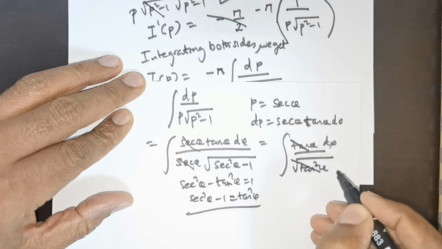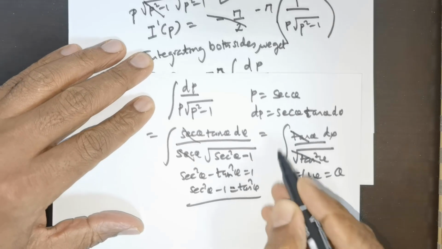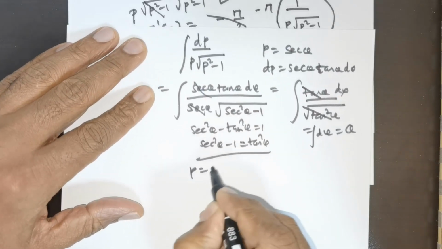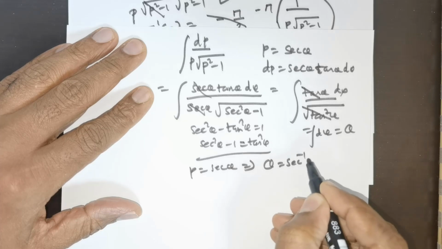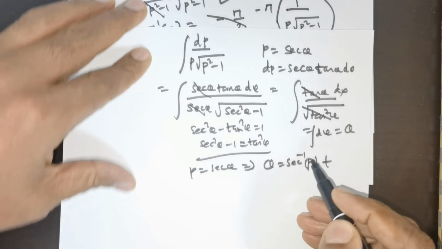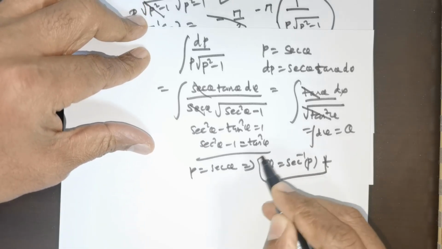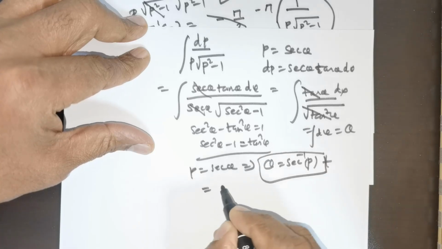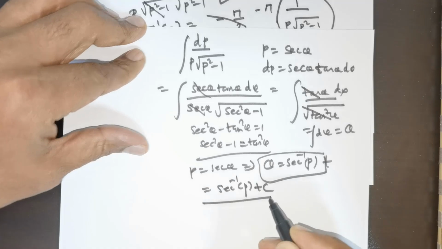That tan theta and this tan theta gets cancelled, giving me integral d theta, which is nothing but theta. But we got p is equal to secant theta. So this means theta is secant inverse of p plus arbitrary constant. We have to substitute that in place of theta, so that's going to be secant inverse of p plus arbitrary constant c.